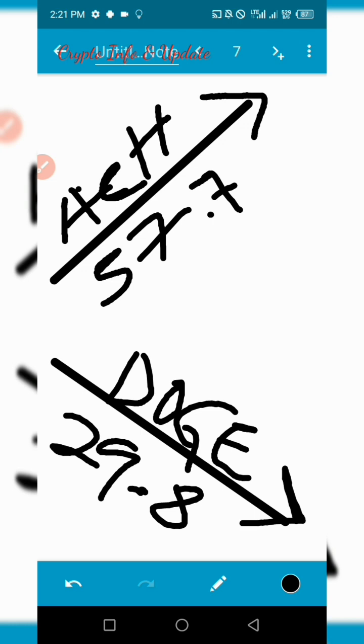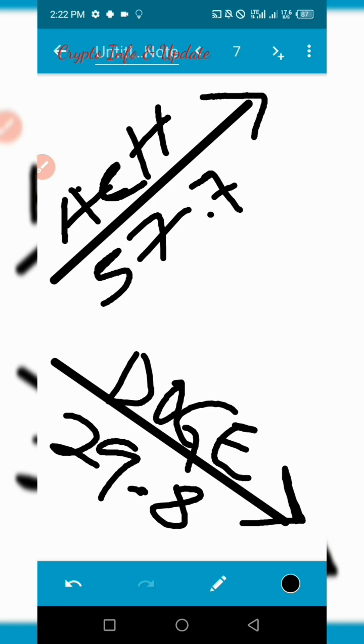To arrive at the pair range value, you have to divide the smaller RSI by the bigger RSI. The smaller RSI in our case is Doge, which is 29.8, and the bigger RSI is ACH, which is 57.7. So we ran the calculation, 29.8 divided by 57.7, and we got 0.52.